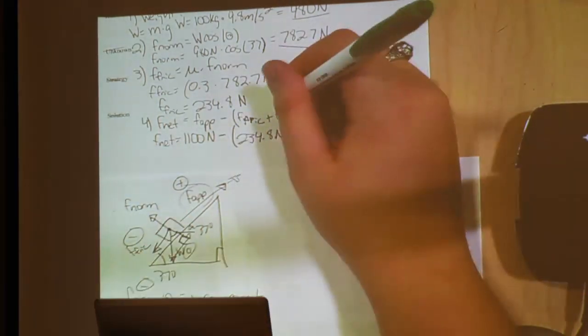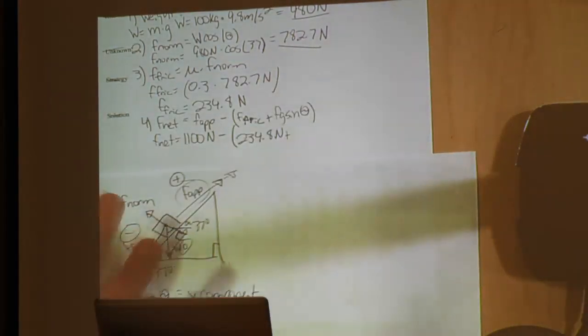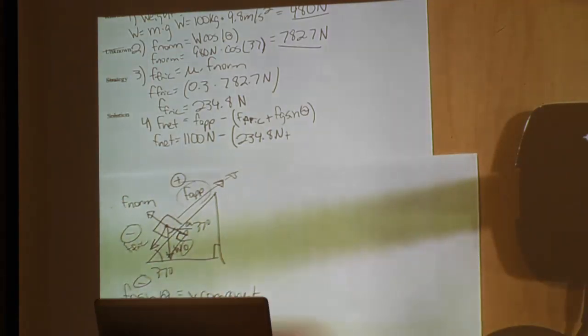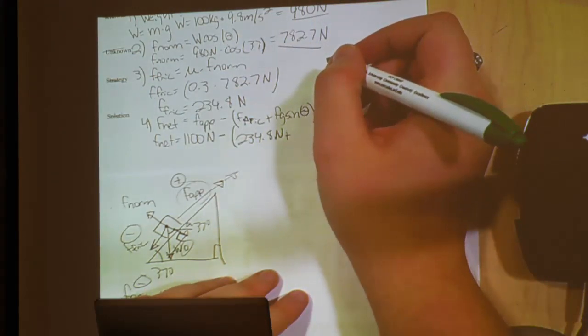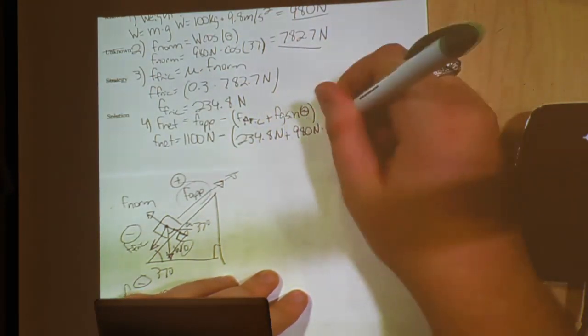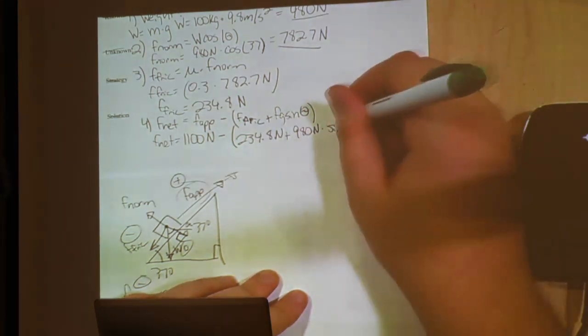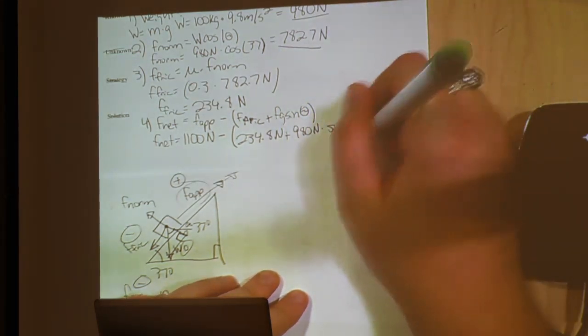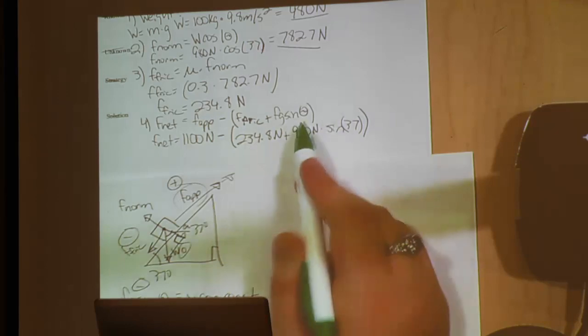Fg here is just the force of gravity, so you can plug in weight as well if you like to write it that way better. It's going to be the 980 newtons times sine 37. And then you're going to solve for this value.